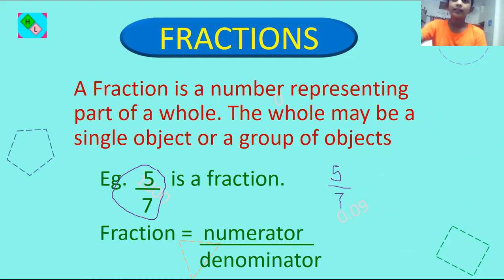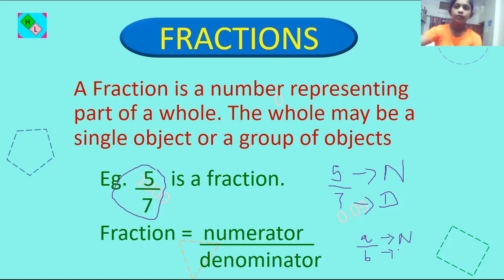In this, the upper number, which is 5, is called the numerator, and the number below the numerator is called the denominator. So if we take A by B, A is the numerator and B is the denominator. I will denote numerator as N and denominator as D.